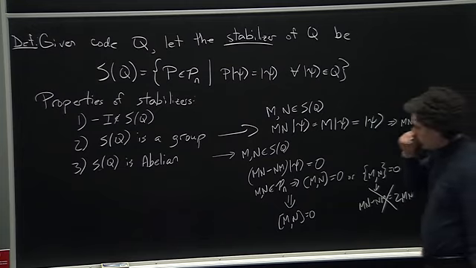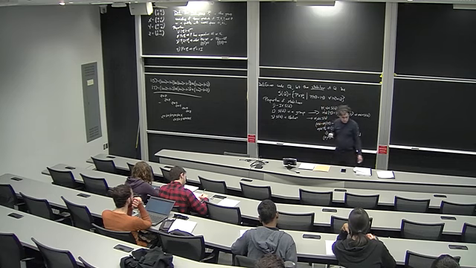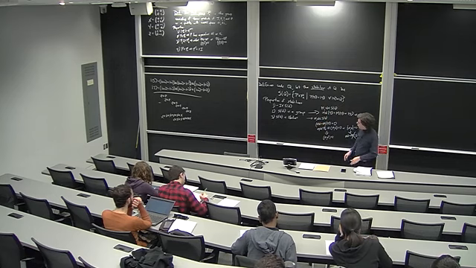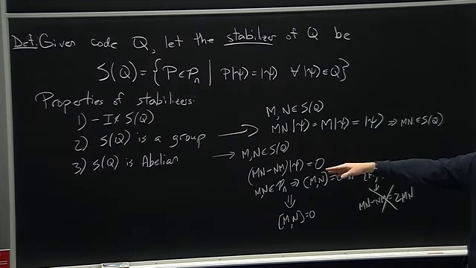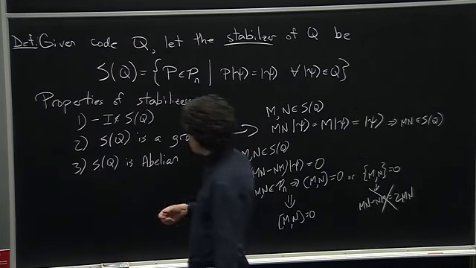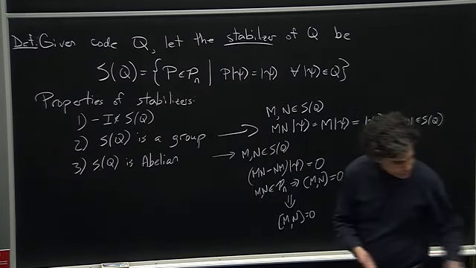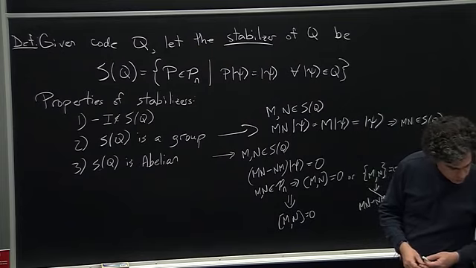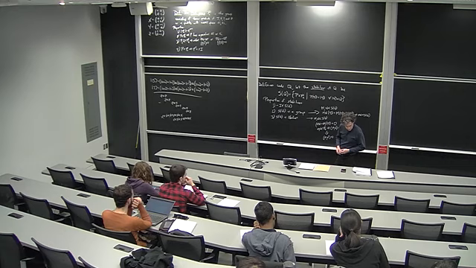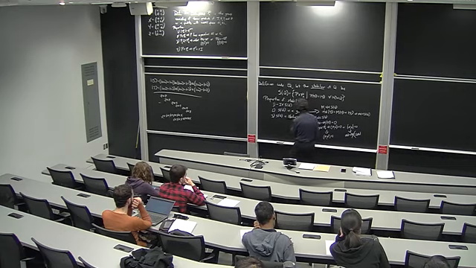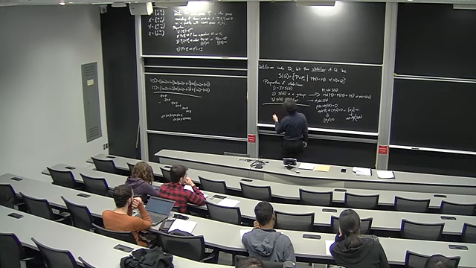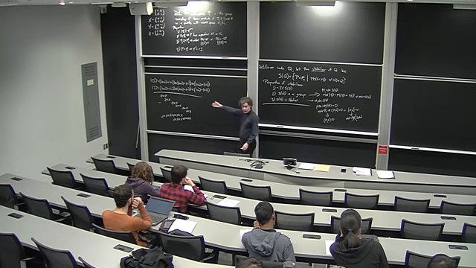Right. So like I said, in the case of the 9-qubit code, the stabilizer is actually the set of all products of those 8 things there. So they form generators of the group. So in the case of the 9-qubit code, there's these 8 generators.